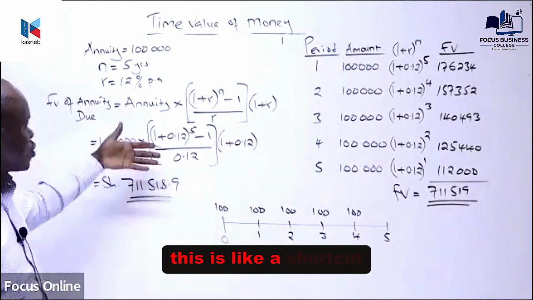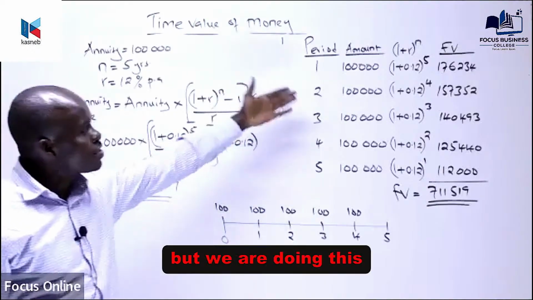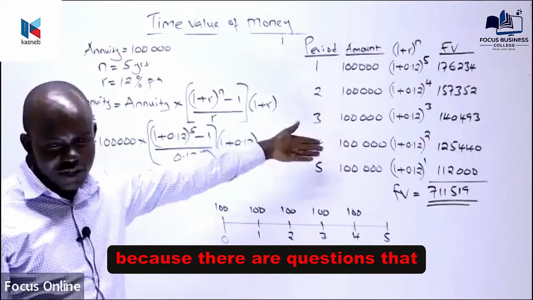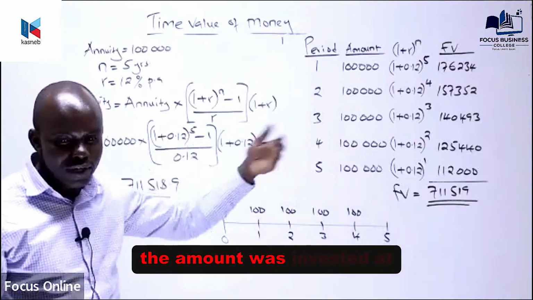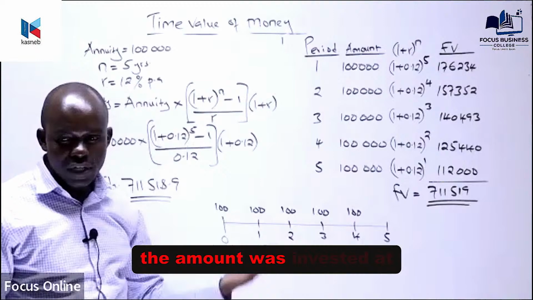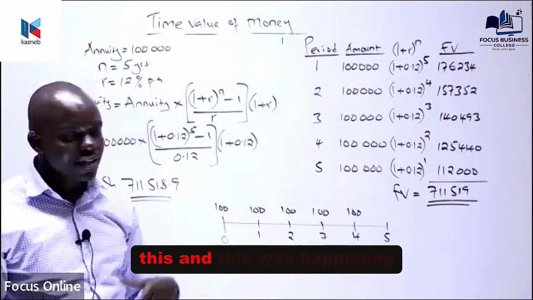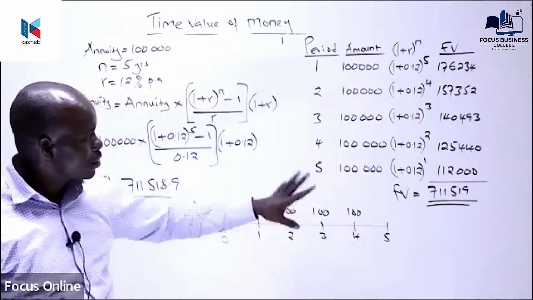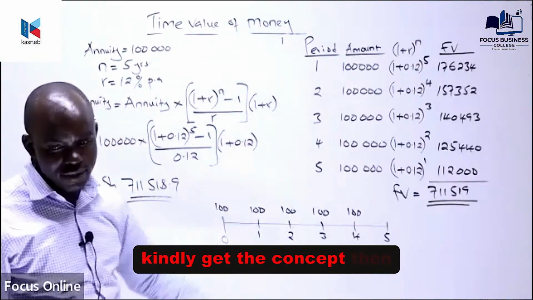Now the reason why we are doing these two methods: this one is very short, like a shortcut. But we are doing this method so that you can get the concept. Because there are questions that will tell you that the amounts were invested at the beginning, or the amounts were invested at the end of the period. So this one is very important. Kindly get the concept.